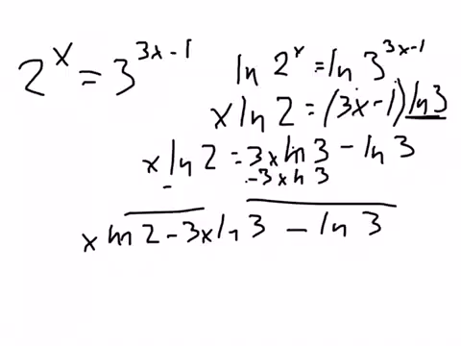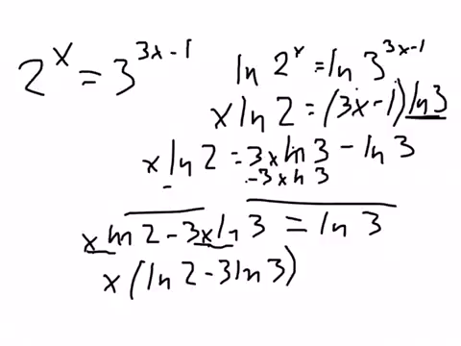At this point, I can pull out an x from both of these terms, so I'll have x times (ln 2 minus 3 ln 3). That was an equals, and the right side should have been a negative natural log of 3, because we have a negative from right here. Negative natural log of 3 on the right hand side.